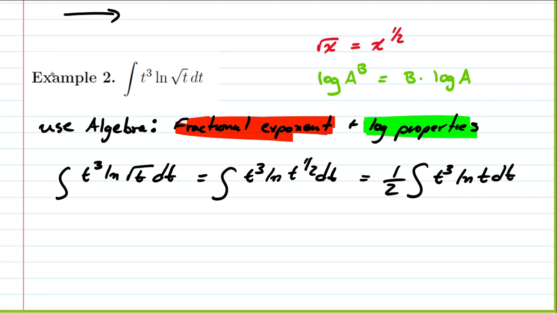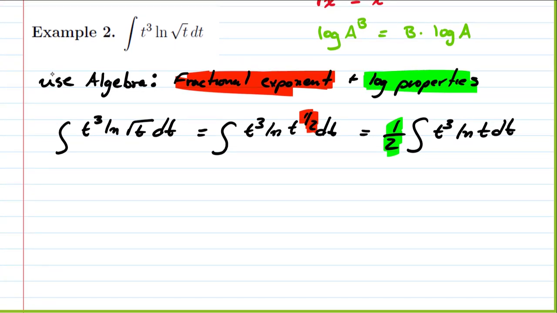And that basically eliminates the square root from the problem, right? So we rewrote our logarithm in terms of fractional exponents, and then we pulled that 1/2 exponent down in front, but since it's a constant, we just pulled it right on out of the whole integral. So now we're dealing with just the integral of t cubed times the natural log of t.